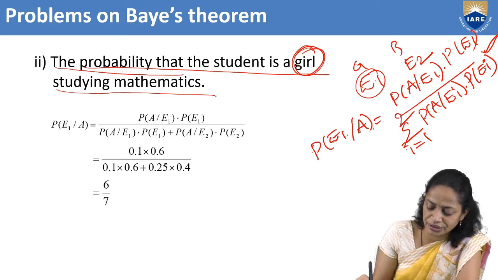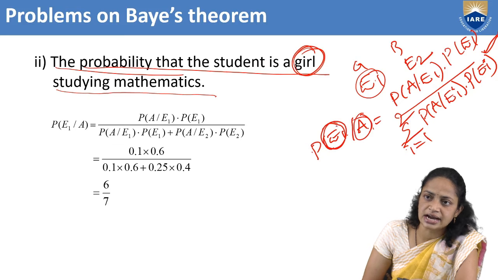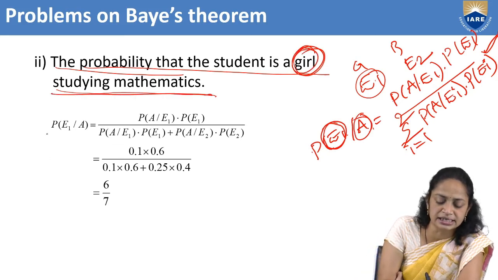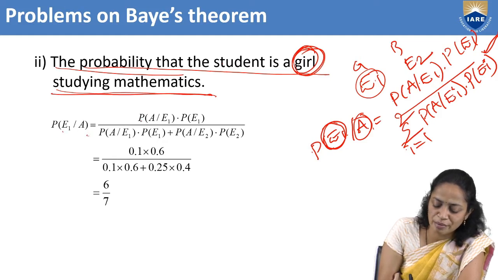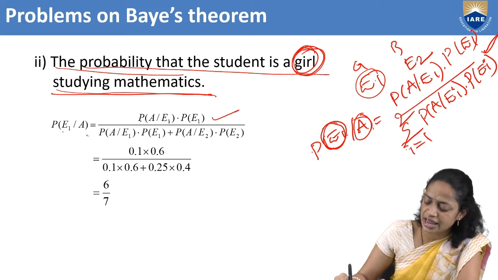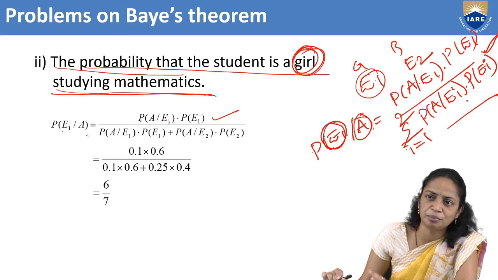Here we are going to find E1. E1 is girls and A is studying mathematics. How many girls are studying mathematics? Probability of E1 given A equal to probability of A given E1 into P of E1 divided by the summation of probability of A given Ei into P of Ei.